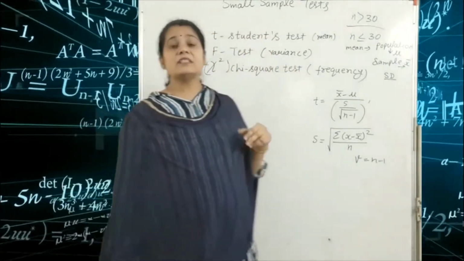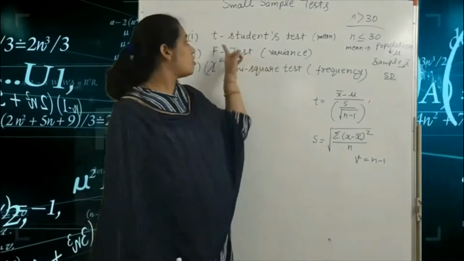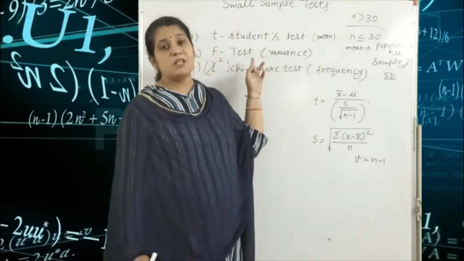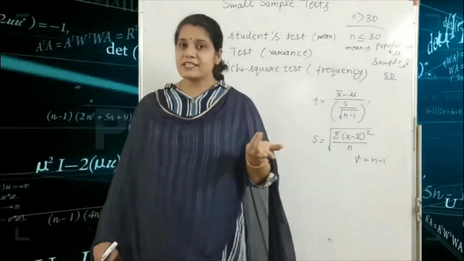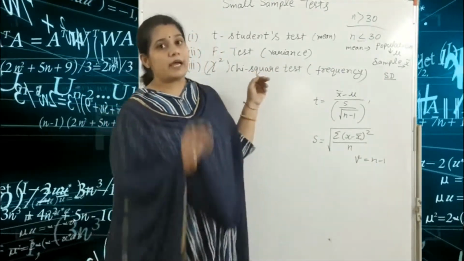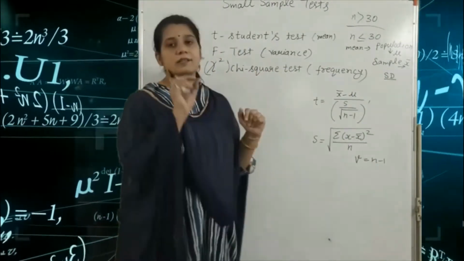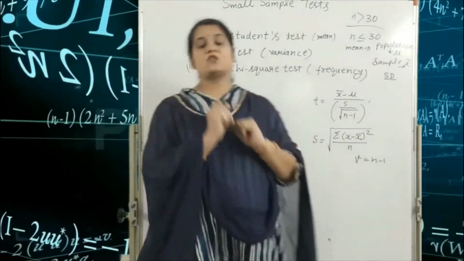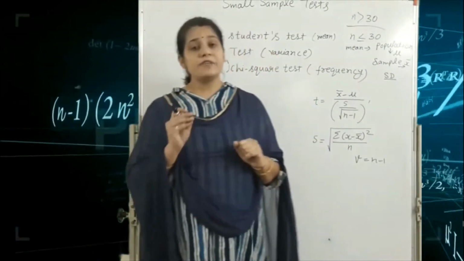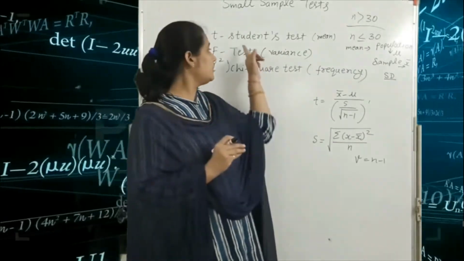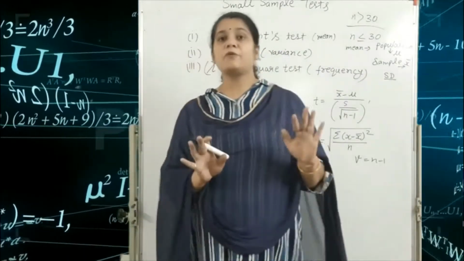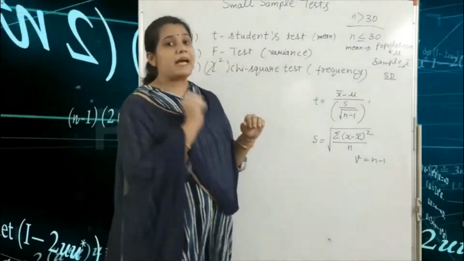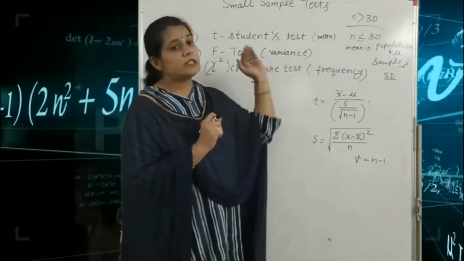In this type of question, as we saw in our previous lecture for small samples, we have tables. If we solve the T student test problem, we use the T table. For the F test, we use the F table, and for the chi-square test, we use the chi-square table. If the table is not provided, the comparing value is already given in your question.